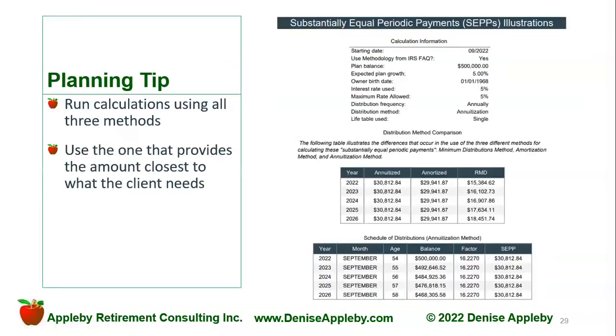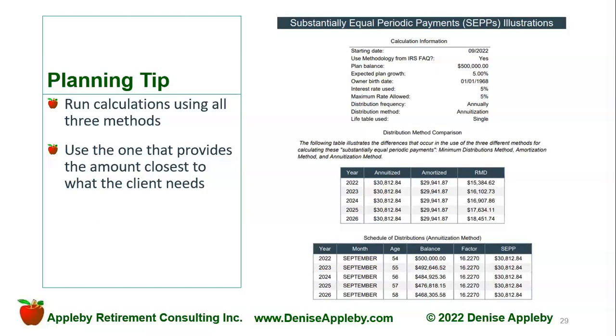Why is it important to know which method your client should use? Because each method produces a different amount. So usually what I recommend is that you run the calculation using all 3 methods and choose the one that gives the closest amount to what your client needs.